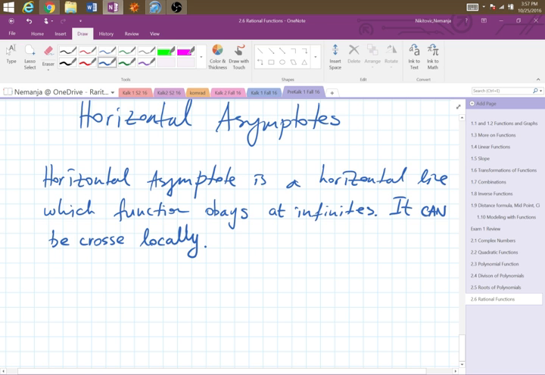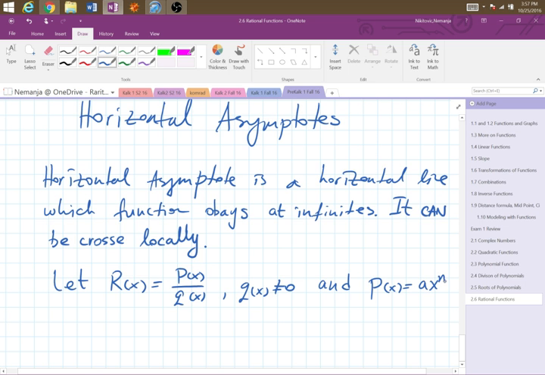So, first of all, let the rational function be p of x divided by q of x, where q of x is not 0. Further, p of x is equal to a x to the n plus dot dot dot.